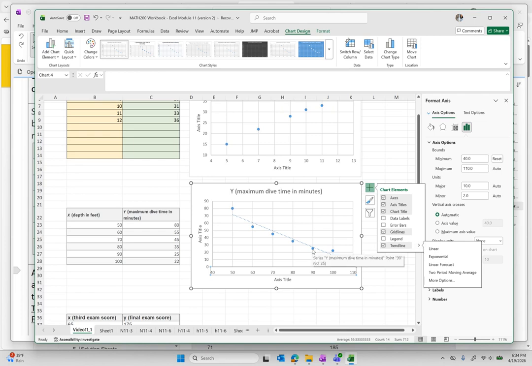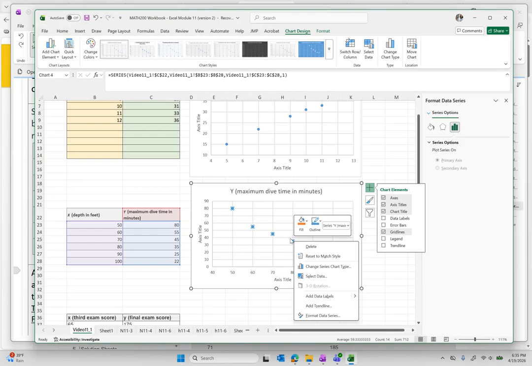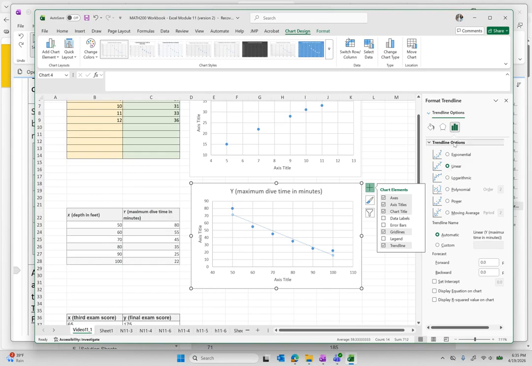So the best way to do that is to right click on one of those dots and see that they are all selected. From here add a trend line, and the pane here on the right will open up, in which you can select what you need.